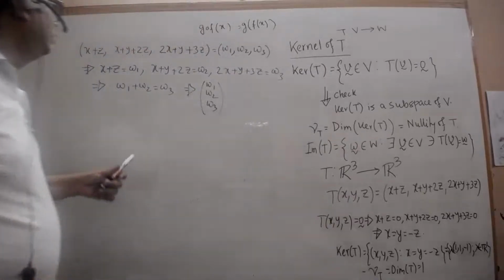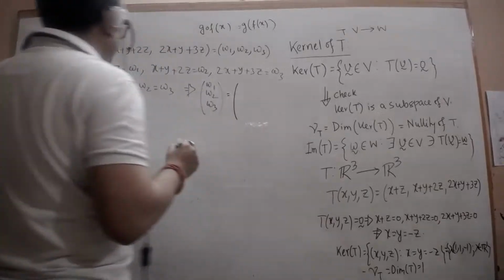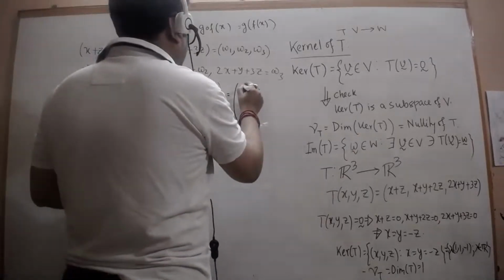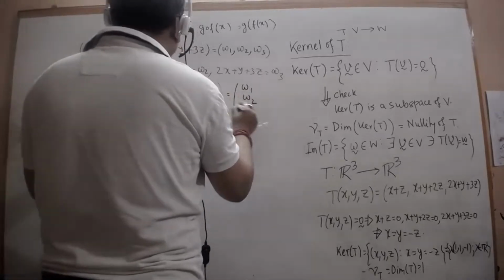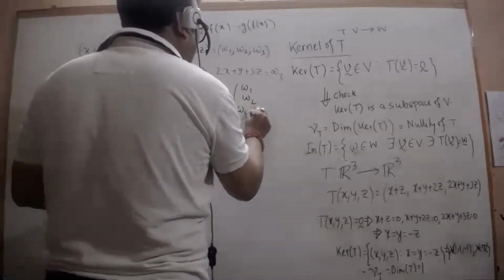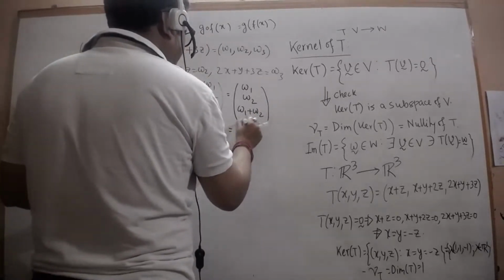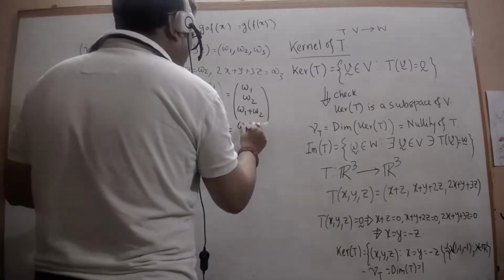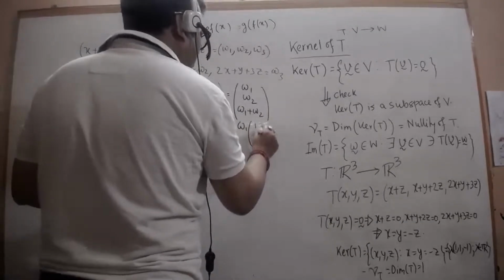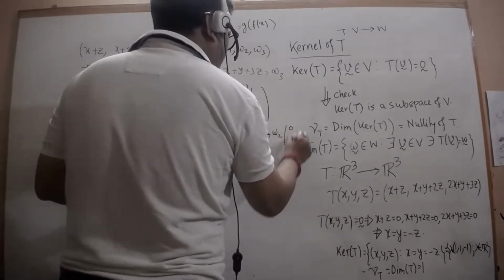So this is equal to (W1, W2, W3), and W3 is nothing but W1 plus W2. So W1 times (1, 0, 1) plus W2 times (0, 1, 1).